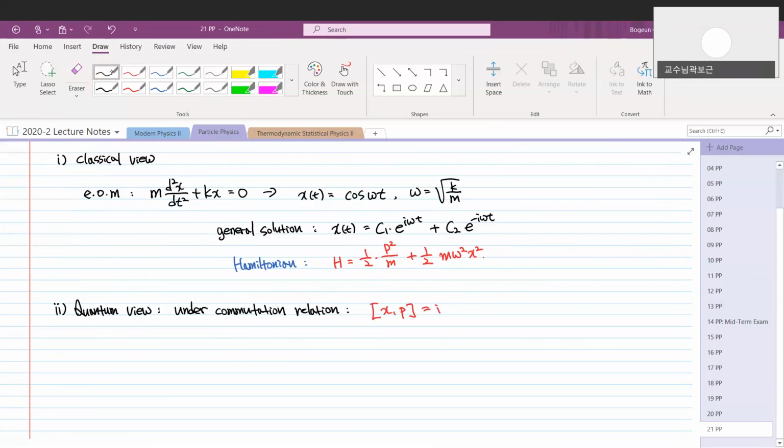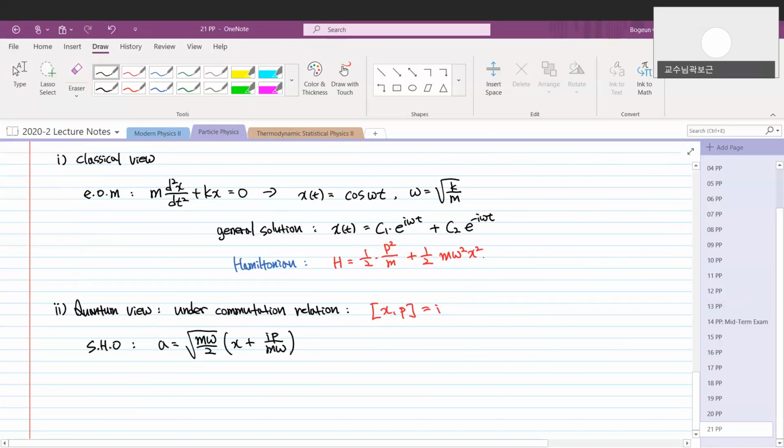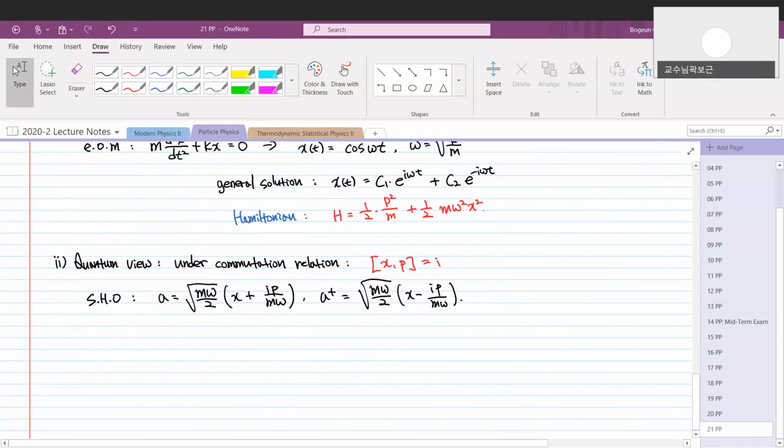In quantum physics, you already studied the lowering and raising operator.